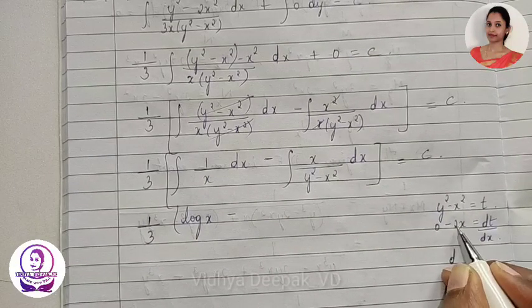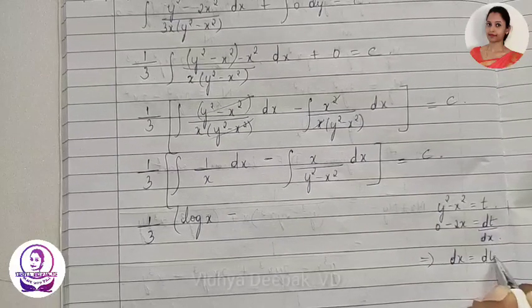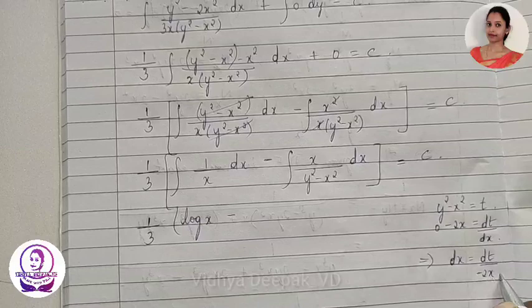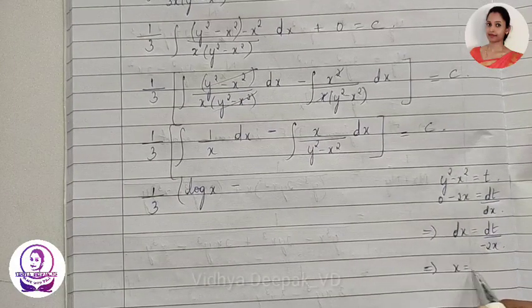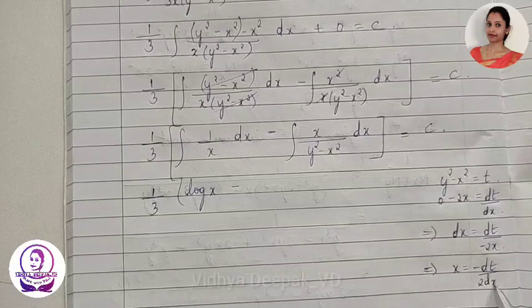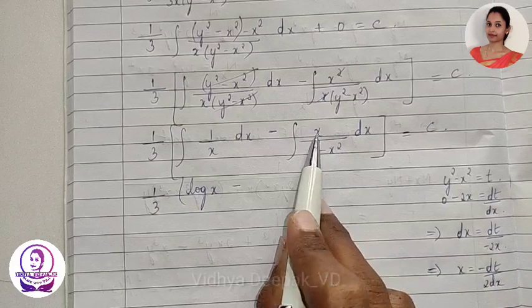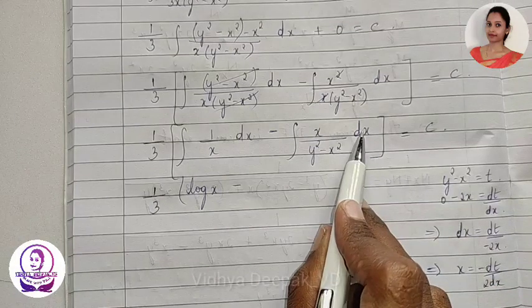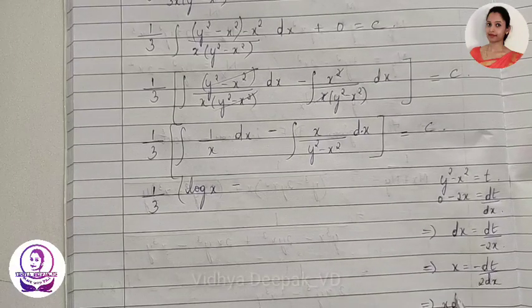That implies dx is nothing but dt by minus 2x. Or you can take it this way: x dx, you can substitute. So x dx, what is x dx?